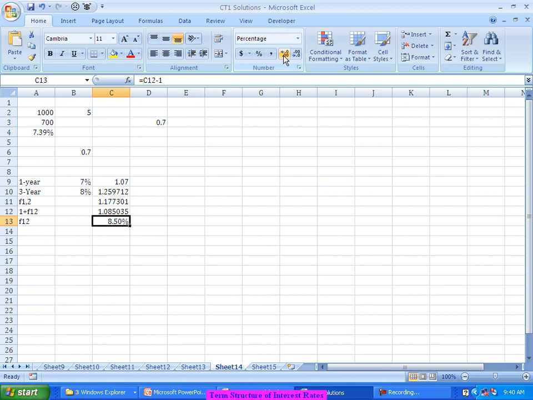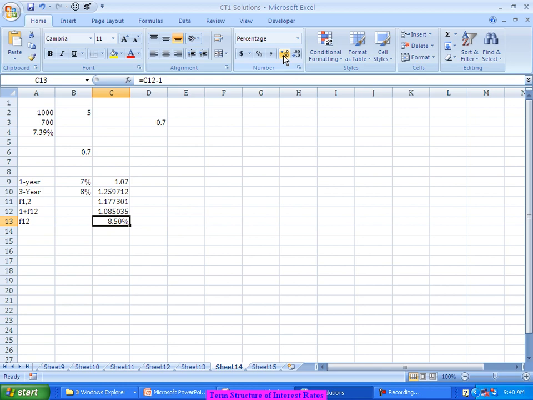This is the way we link the forward rates to spot rates. So today itself I will decide that a 2-year spot rate 1 year from now, which is the same as a 2-year forward rate right now, is 8.5%, right?